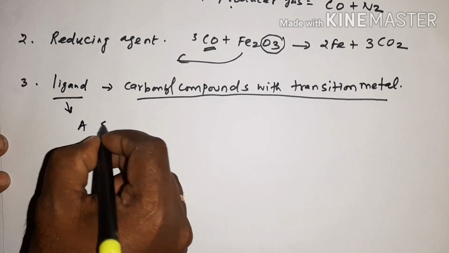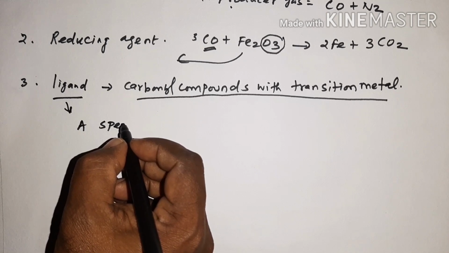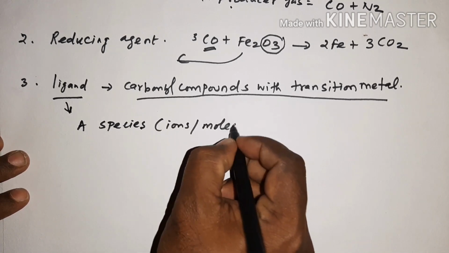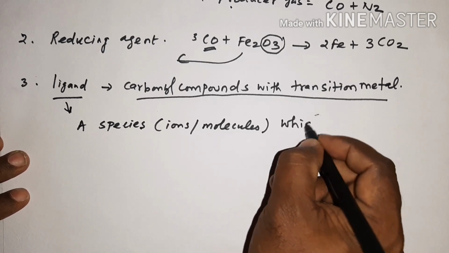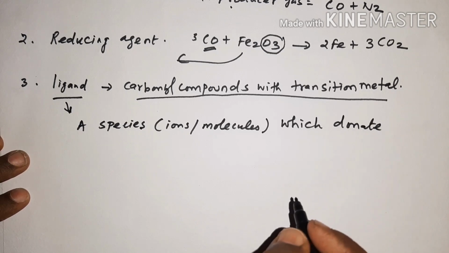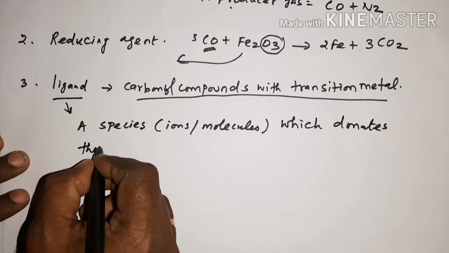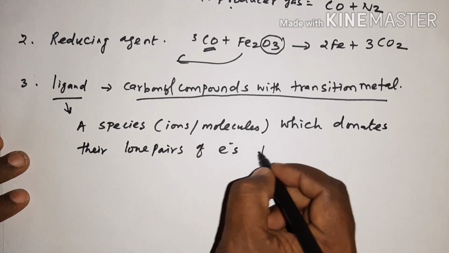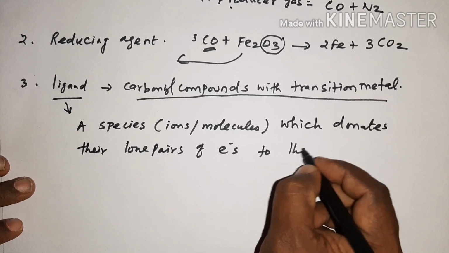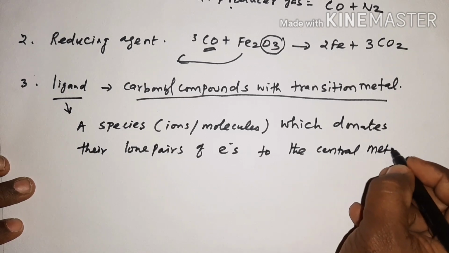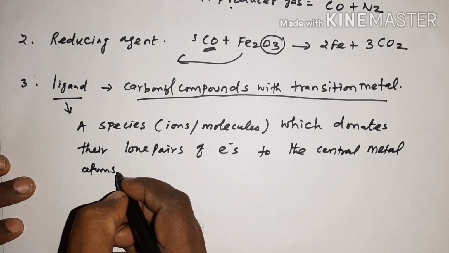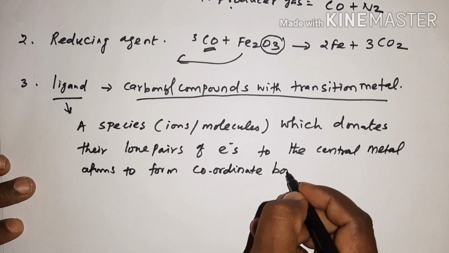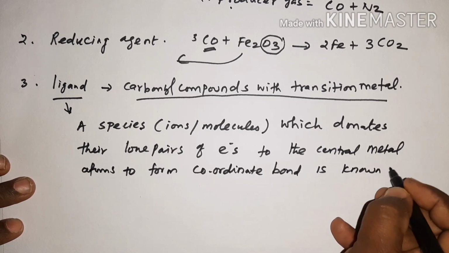So let me write: a species, maybe ions or molecules, which donate their lone pairs of electrons to the central metal atom to form a coordinate bond is known as a ligand.